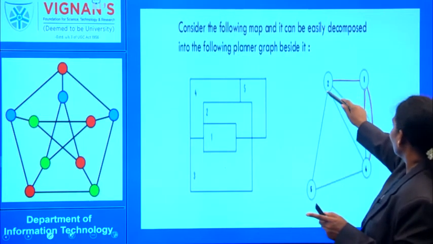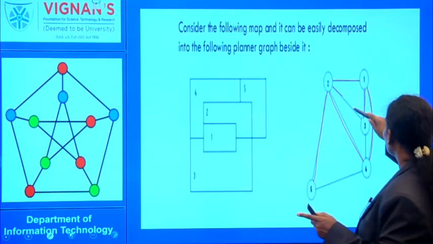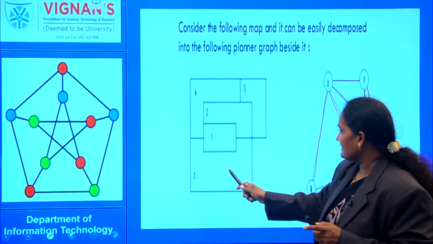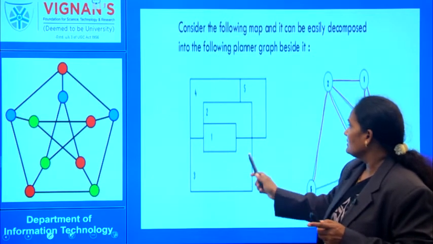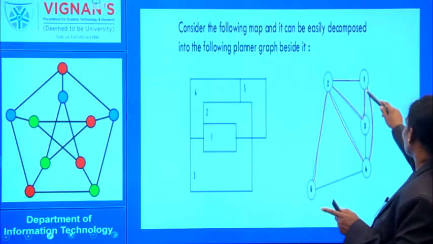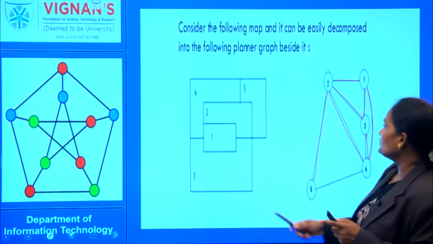Next, coming to 3. 3 is connected to 1, 2, 4.